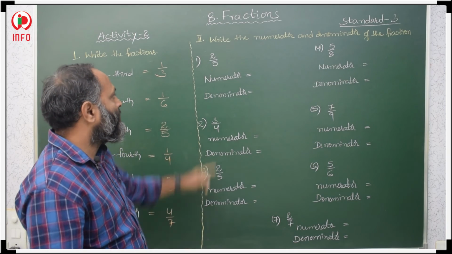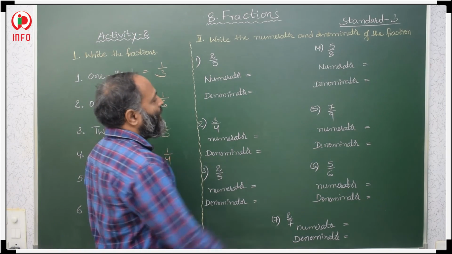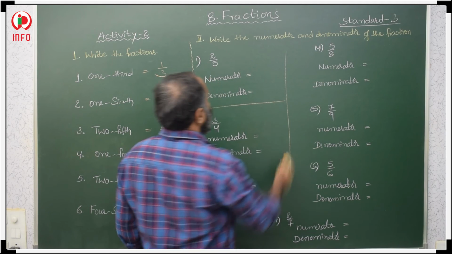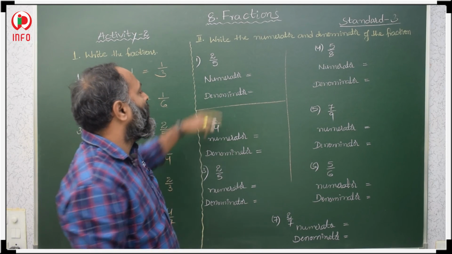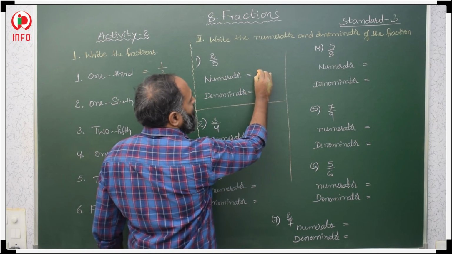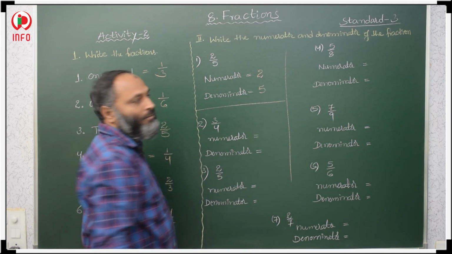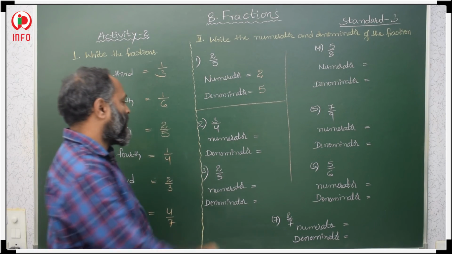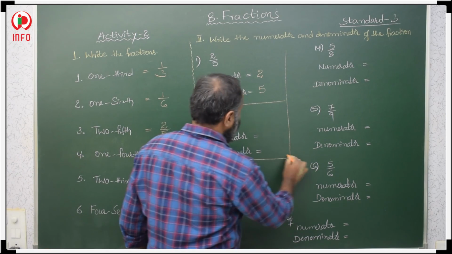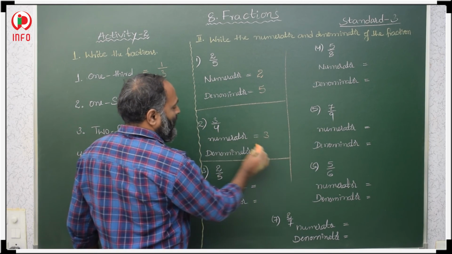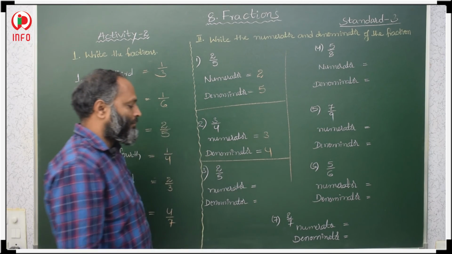The next question: write the numerator and denominator of the fractions. Here, 2 by 5. What is the numerator? 2 is the numerator and 5 is the denominator. Next, in 3 by 4, 3 is the numerator and 4 is the denominator.